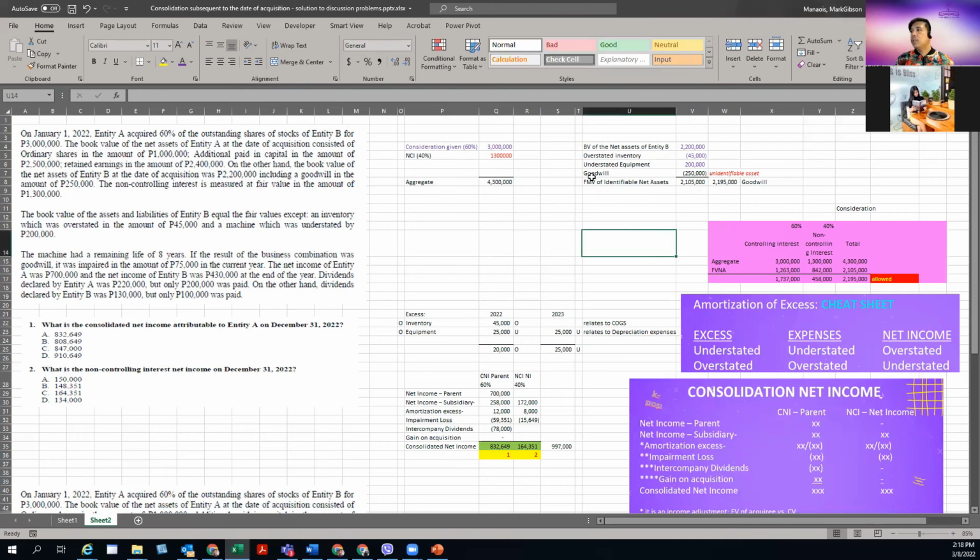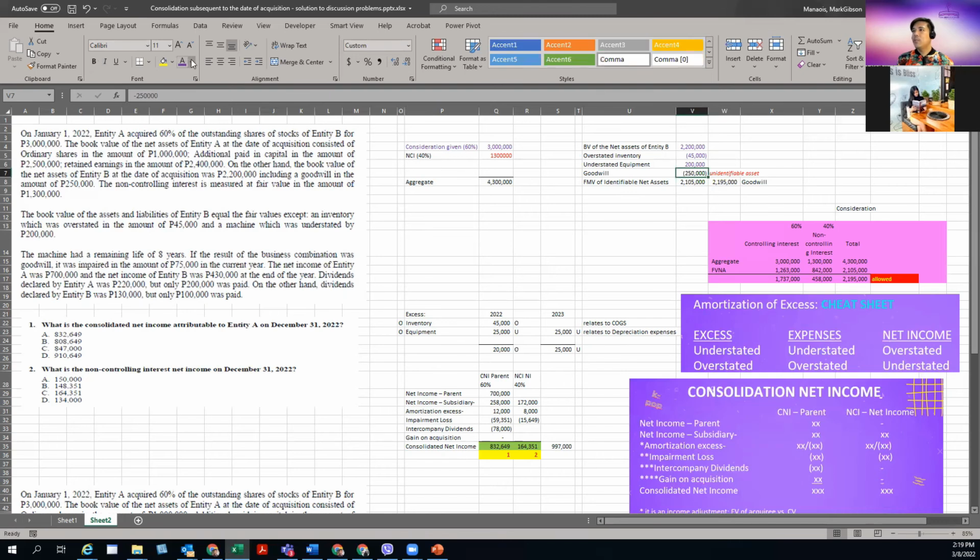Now, itong goodwill, sabi natin, what we're only accounting for in the business combination, in this case, acquisition, are the net identifiable assets. Identifiable net assets, so therefore, we have to deduct the goodwill. Why? Kasi nga unidentifiable asset ang goodwill. Hindi mo nahawakan.